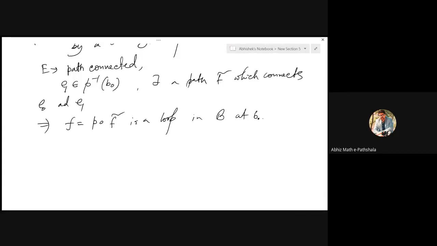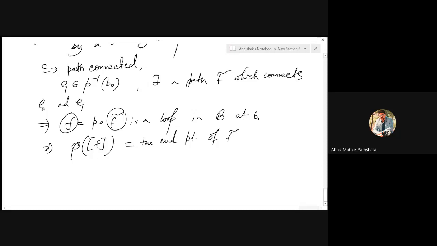Okay, so that means phi of the class of this is the end point of F tilde, because this is the lifting of this loop in E, and this lifting starts at E naught and ends at E1.